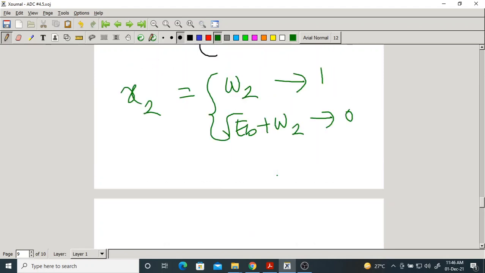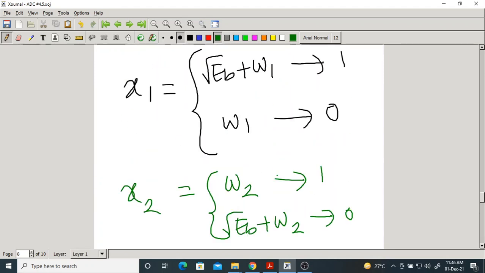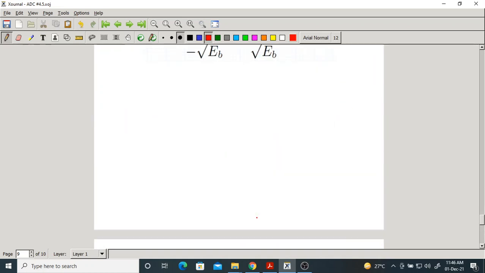What is y now? Just tell me, x1 minus x2. For bit 1, what is y? x1 minus x2 is root Eb plus W1 minus W2. For bit 0, it is W1 minus root Eb minus W2.